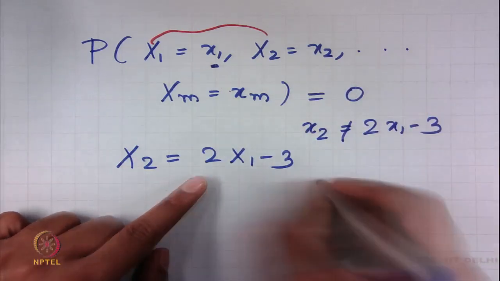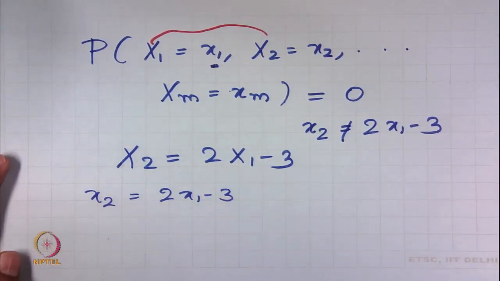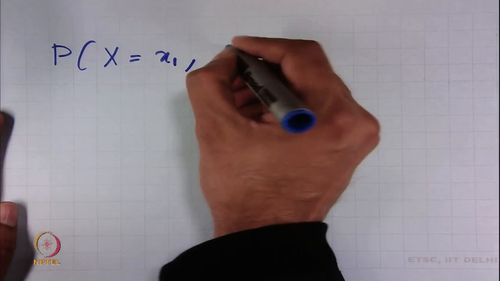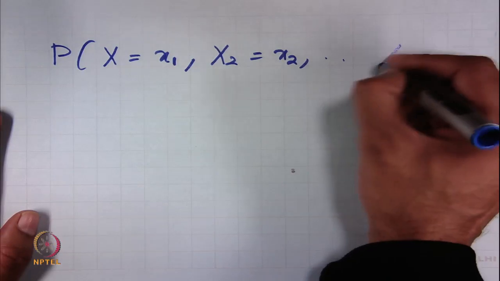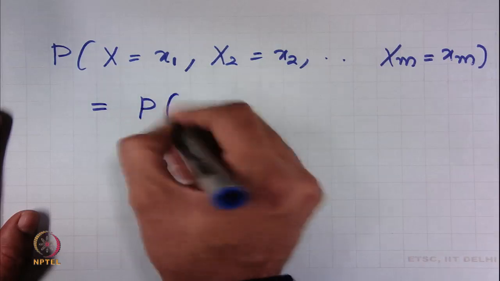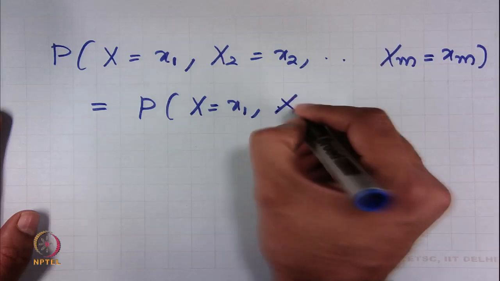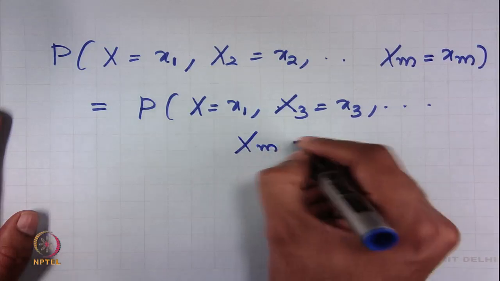What happens if x2 is 2 x1 minus 3? What happens then? If x2 is 2 x1 minus 3, the probability of x1 taking a value x1 and x2 taking a value x2, where x2 is 2 x1 minus 3, and xm taking a value xm is nothing but the probability of x1 taking a value x1, x3 taking a value x3, and xm taking a value xm.